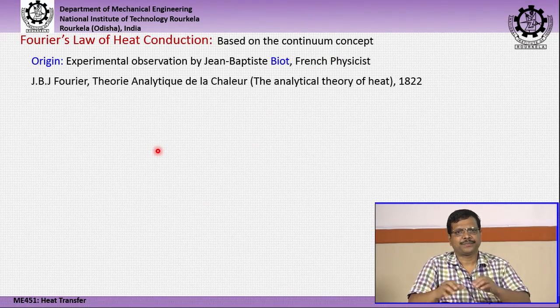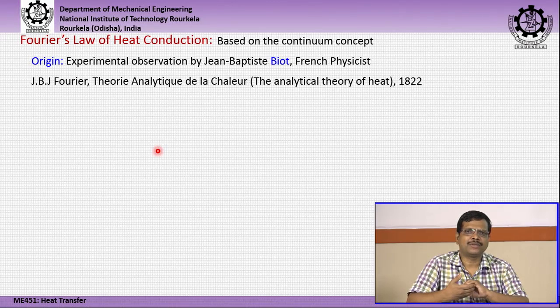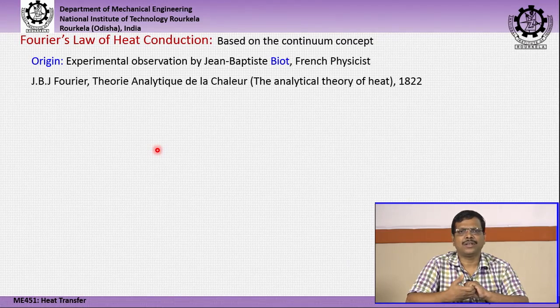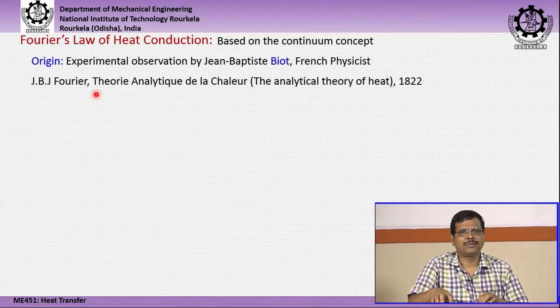Later, based on the experimental observation noted by Biot, another scientist called Fourier proposed this law for heat conduction, and he wrote a textbook on this subject titled The Analytical Theory of Heat in the year 1822, originally written in the French language, whose French title is as given here.